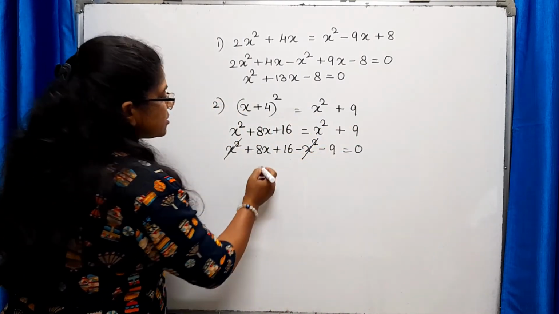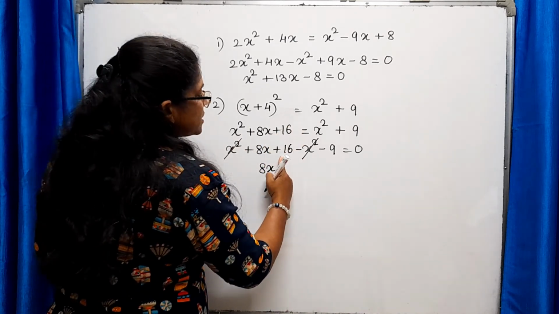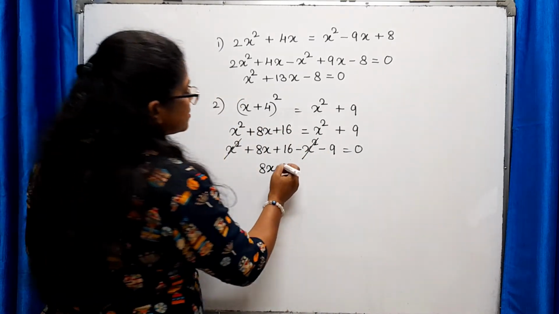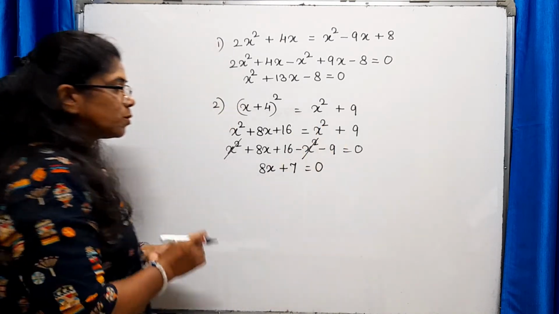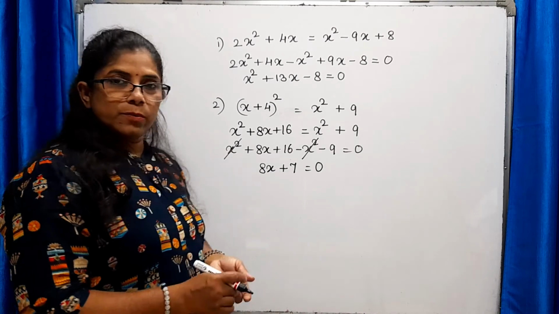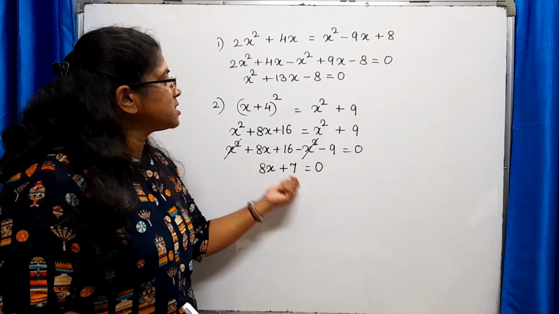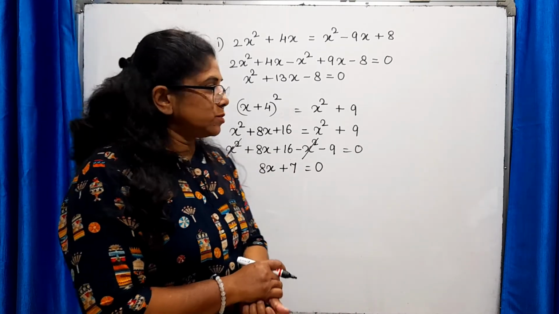So what are the remaining terms here? 8x plus 16 minus 9. 16 minus 9, that is plus 7, is equal to 0. Now in this case, we don't have the square term. We are only left with 8x plus 7. Means this is not the quadratic equation.